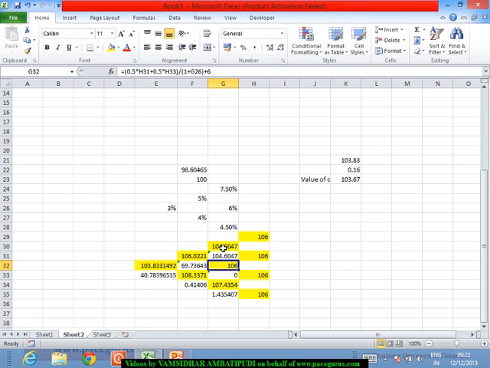I will make that, if I have to directly arrive at the value of the callable bond without finding out the value of the call option or something like that. So these are the numbers that I'm going to get, and these are the possible values of the callable bond, if the bond is getting called back.